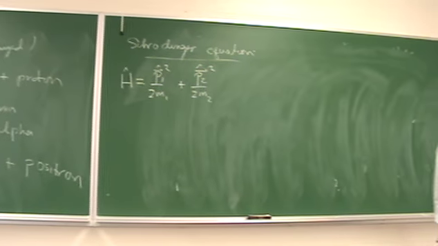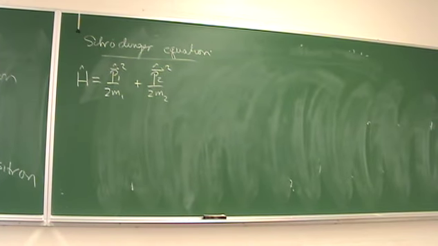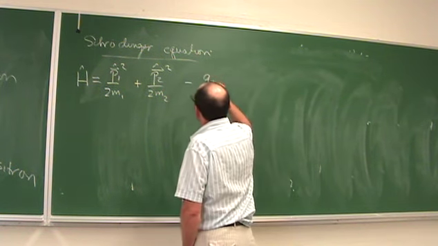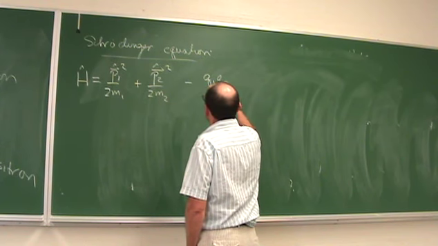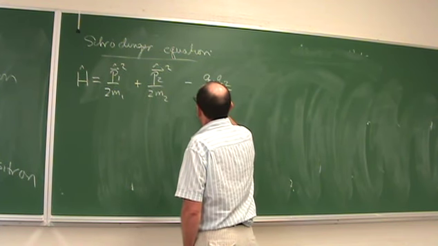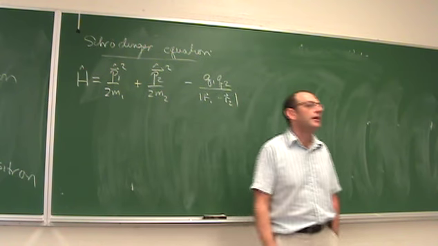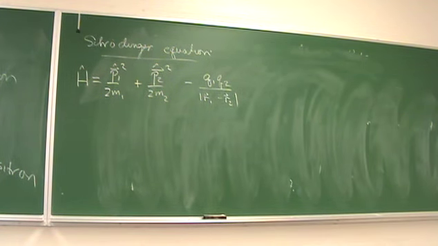So Q2 is a positive number. Then it's minus Q1 Q2 over the magnitude of r1 minus r2, the Coulomb potential in between them.